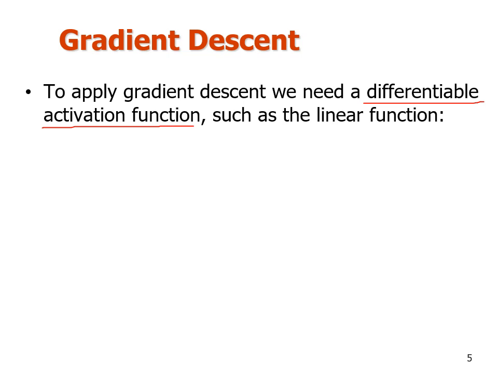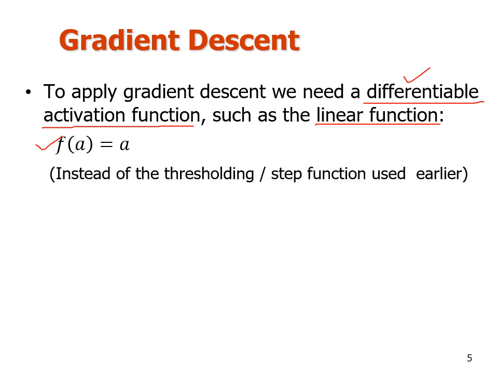For example, a linear function: f of a is equal to a is a differentiable function. So, to apply gradient descent, we need such a function instead of the thresholding or step function that we used earlier with the perceptron. So, we need to change our activation function.